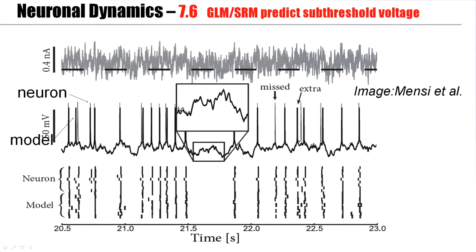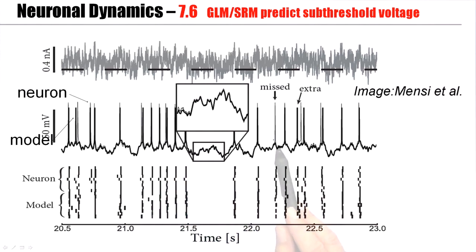We have the neuron, the real data, with a thin line, and the model with a thick line. And you see that the subthreshold voltage is very nicely represented. Most spikes are perfectly predicted on new data, data that was not used for parameter optimization.